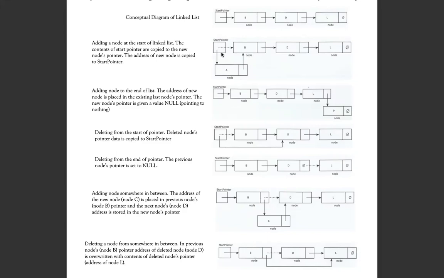Okay. So the first step you will be taking, again, I repeat, is that you will take the start pointer contents and place them in the pointer contents of this new node. Why is that important? Because if we remember the working of a variable, as soon as I assign something to a variable, the previous value is overwritten.